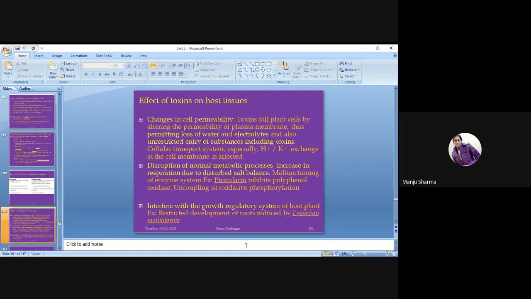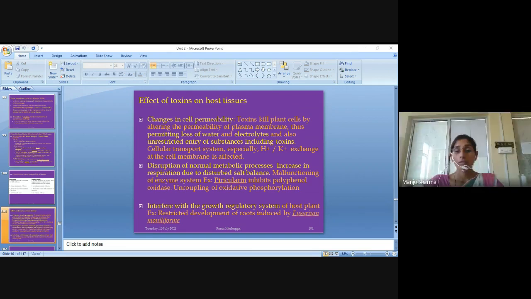After that, the effect of toxins on host tissue. First there are changes in cell permeability.